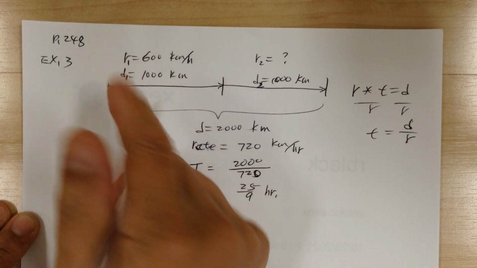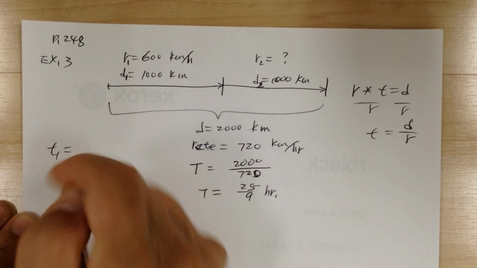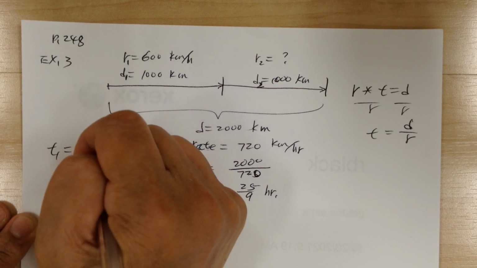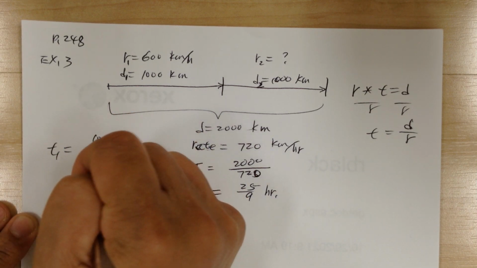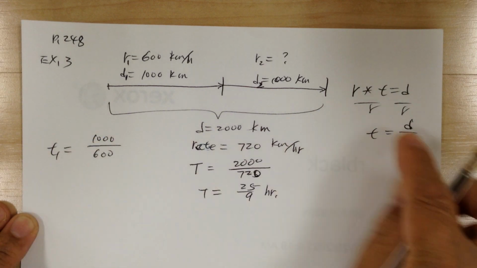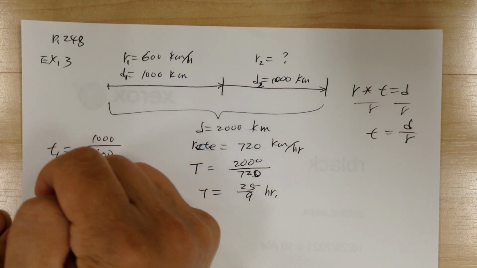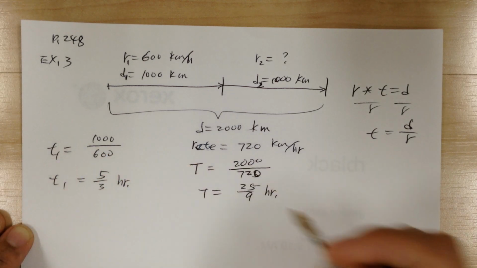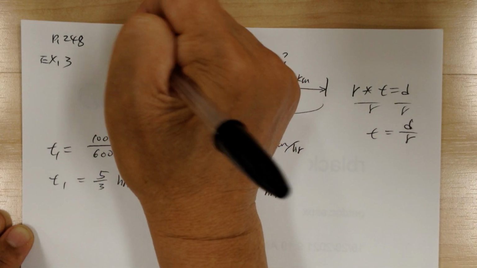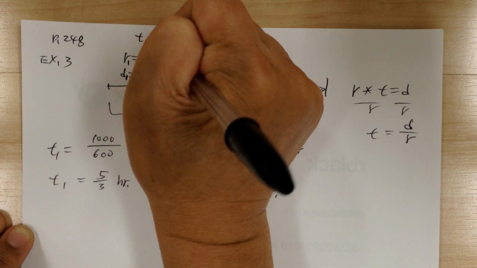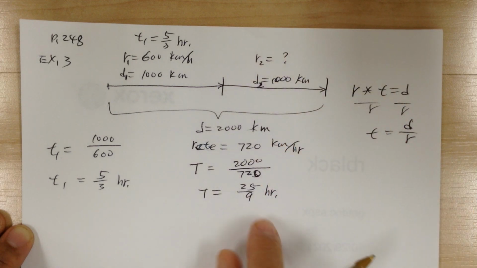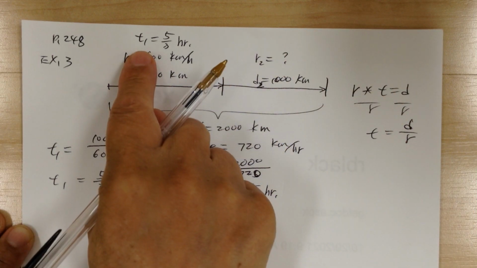Then the time over here, so T1, the time for the first half, is equal to D1 divided by the R1, right, using this formula. So T1 equal to 5/3 hours. Okay. And now we can find this time over here because the total time is 25/9 and T1 is over here.